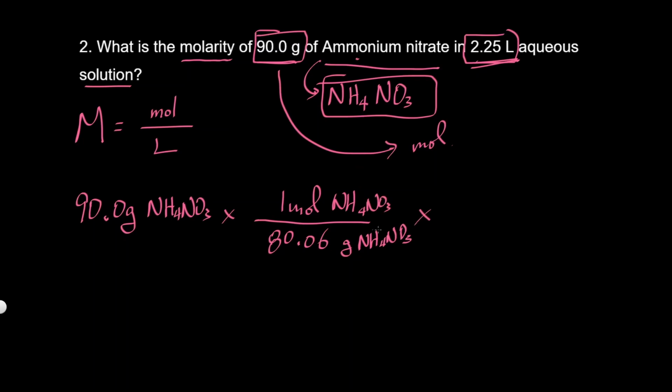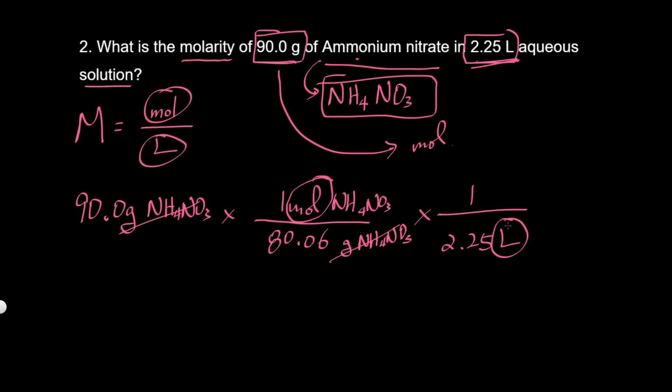And then since we have moles, the grams cancel out. We have the moles of the solute, but we have to put liters of the solution, which is 2.25 liters. So I'm circling the unit, mole over liter. That's the molarity. So all you gotta do is multiply all the numbers on top and divide by the numbers on the bottom.